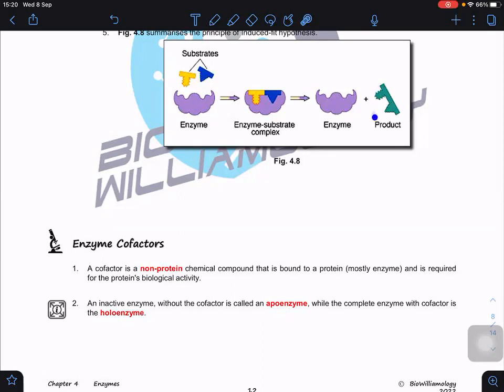The product is not a substrate, so it cannot induce the change in the shape of the active site. So enzymes won't catalyze the reverse reaction, unless the products can induce it. But generally we can say that it won't catalyze the reverse reactions.